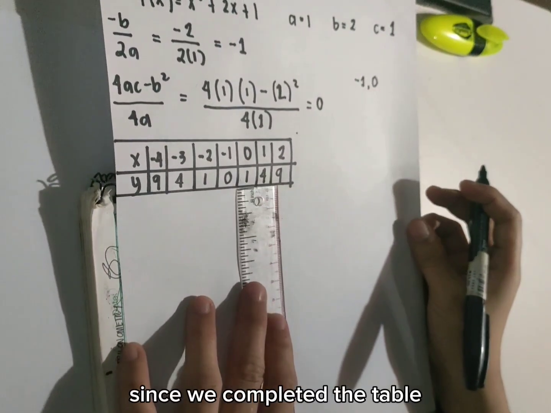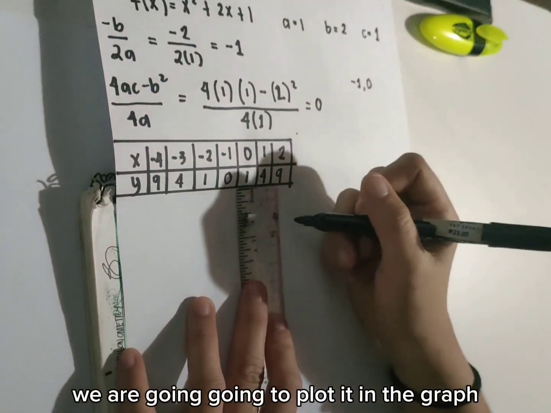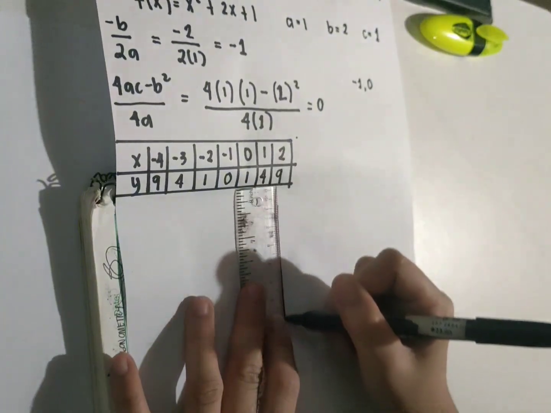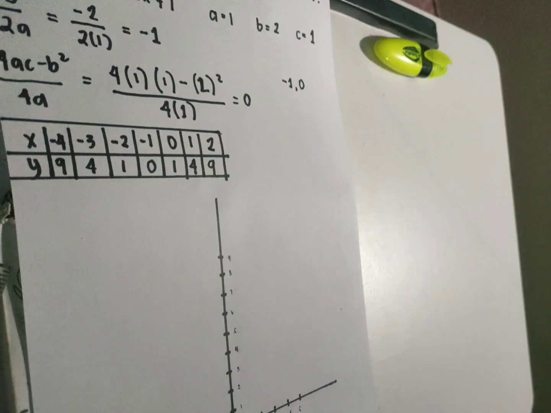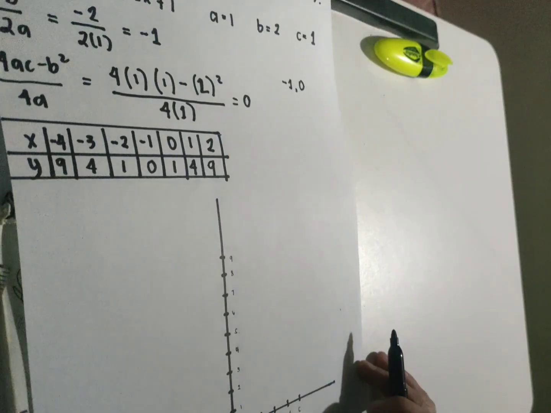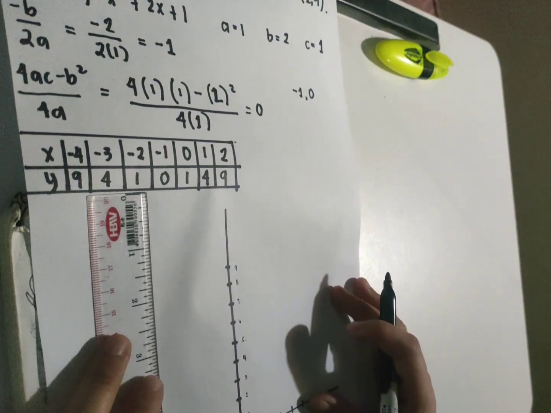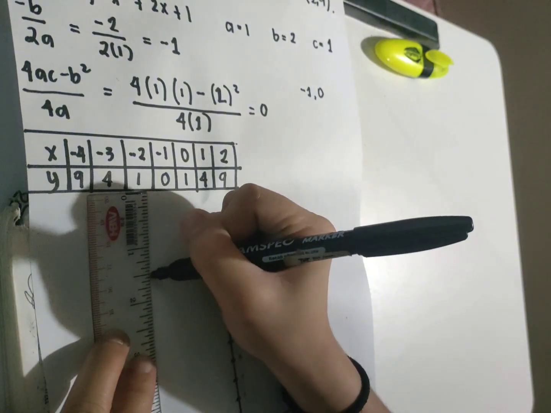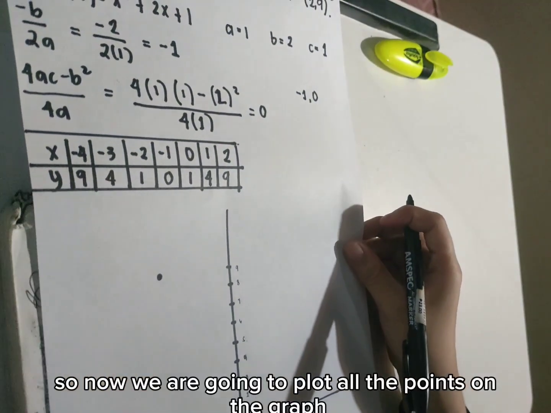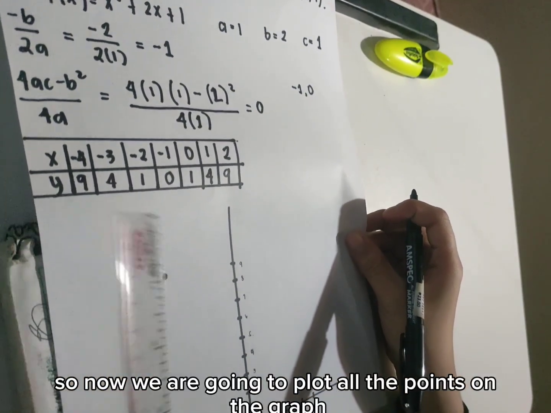Since we completed the table, we are going to plot it in the graph. Now we are going to plot all the points on the graph.